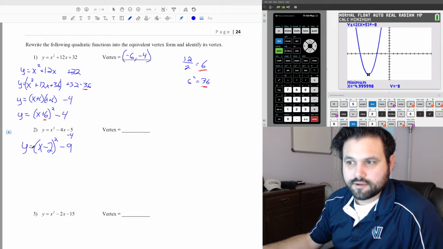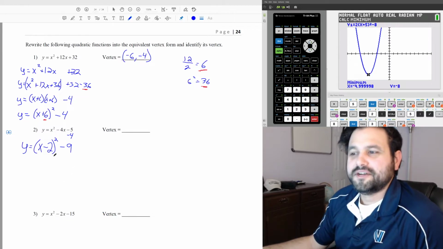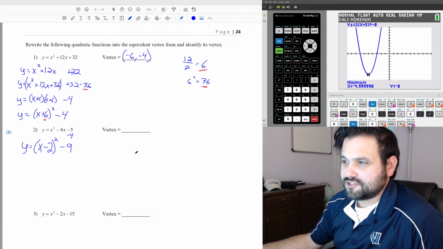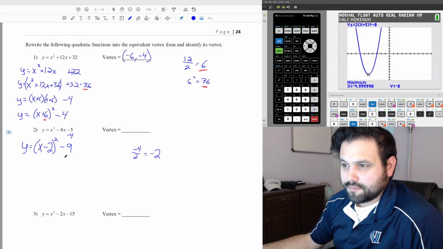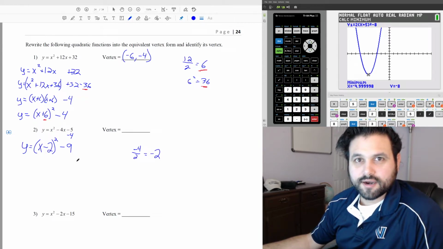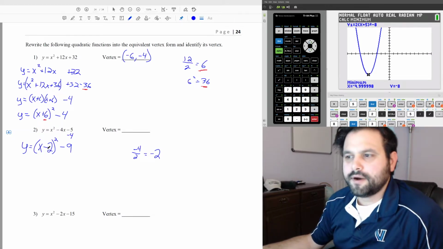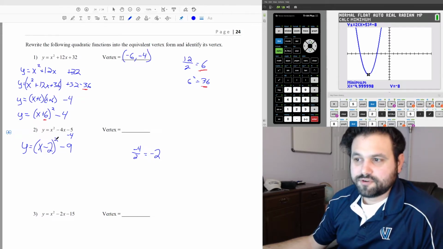and now I have vertex form. So I probably have to show some work here, right? I probably have to show that I did -4 divided by 2 and got -2. But this is completing the square. It's kind of throwing a lot of steps in together, but I kind of feel like procedurally it's pretty simple, right?